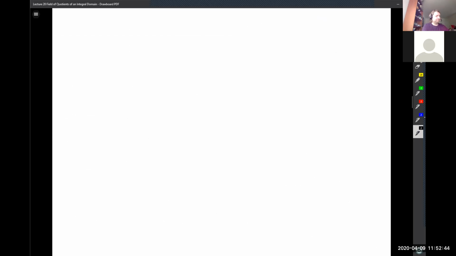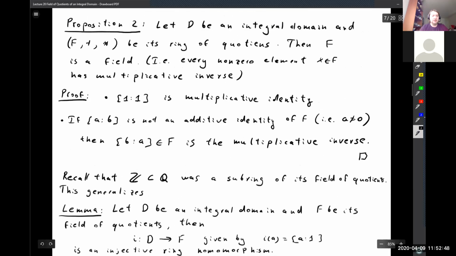Okay. So the proof is more or less straightforward. The fact that it satisfies the homomorphism property, let me say just a few words.